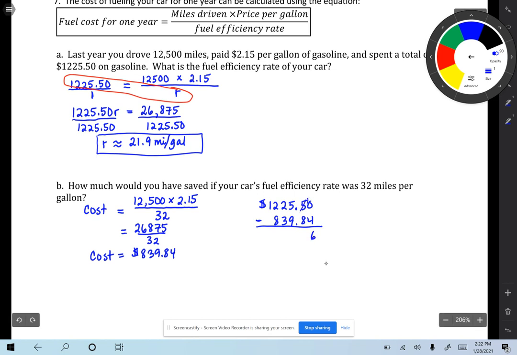It would have been easier just to use a calculator. So $385.66 would have been your savings had you had a better car.